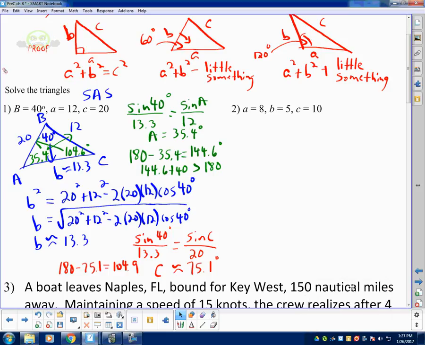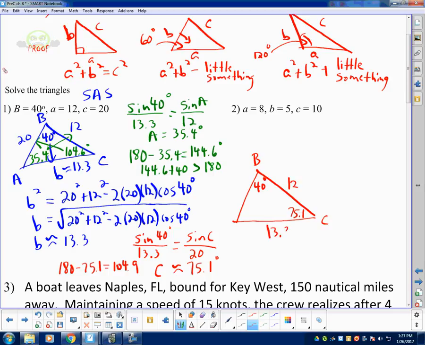Okay. So if you got a 75.1, watch what happens here with that 75.1. So I draw my picture again. Say I found C first as 75.1. Then B is still 40. Here's B, here's my 75.1 at C. This is 12 here, and we have the 13.3 here.